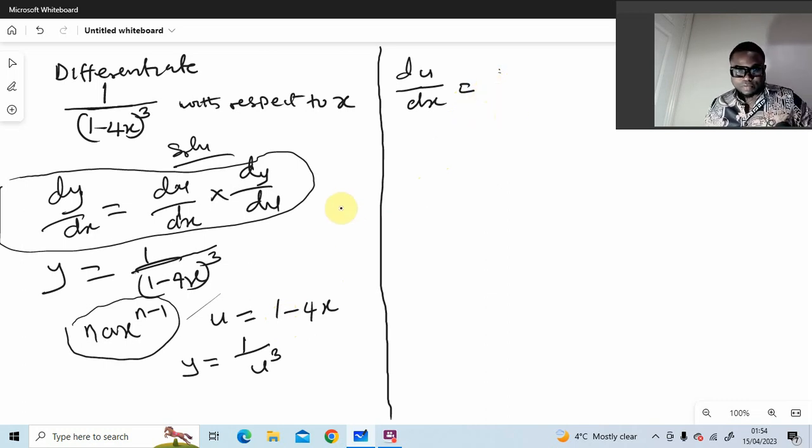And I will differentiate minus 4x. Differentiating minus 4x will give me 4, because the exponent of x here is 1. 1 minus 1 gives 0, and anything raised to the power of 0 in indices is 1. So 1 times 4 will give me 4, and that will give me minus 4, because we have a minus sign there.